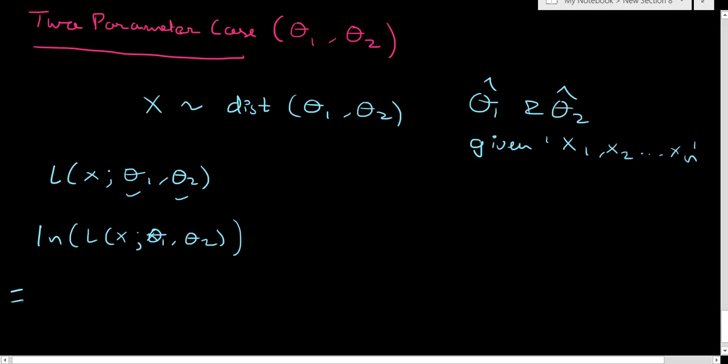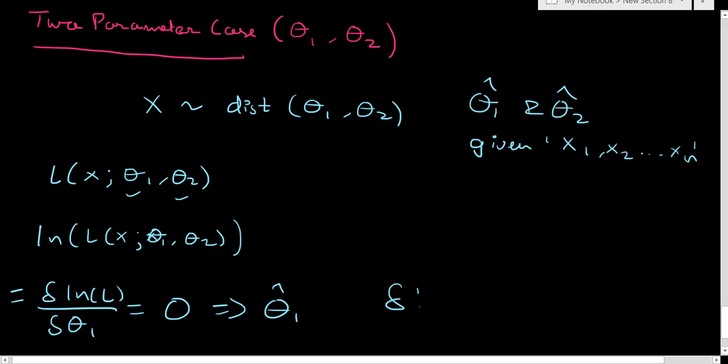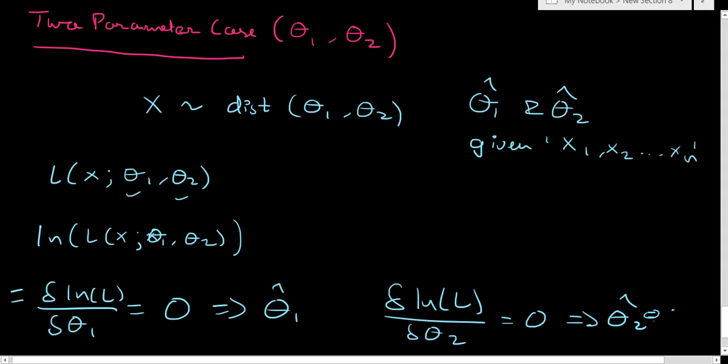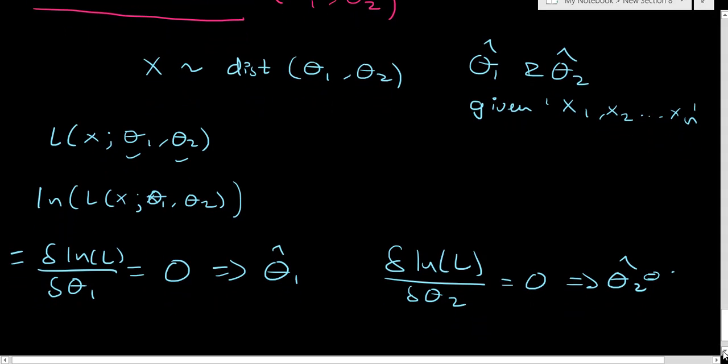But this time we will be differentiating the log likelihood function first with respect to theta 1, taking a partial derivative, and then equating it to 0 and getting a value for theta 1 hat. And then we'll be differentiating it with respect to theta 2, and then equating it to 0, we'll be getting a value for theta 2 hat.